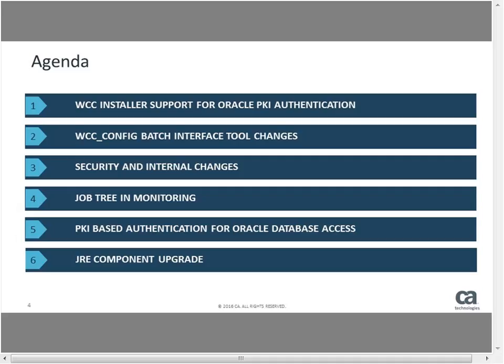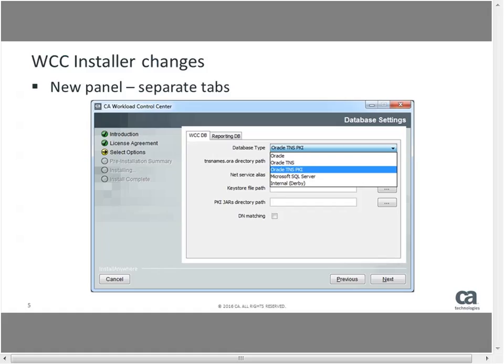Okay, and now we can go to the first point of our agenda. I will discuss changes in the WCC Installer. So you can see a screenshot of what's new in the panel or graphical installation in WCC. This is the database settings, which was changed because of support of Oracle PKI authentication.